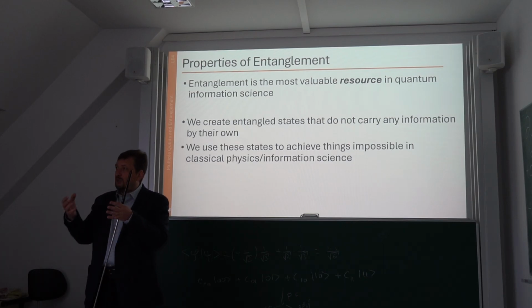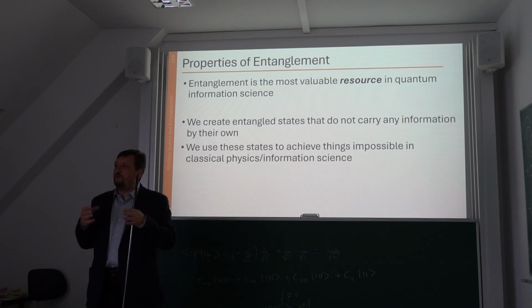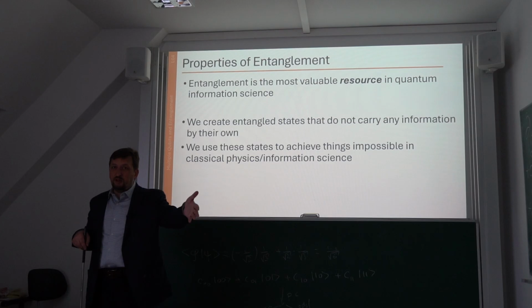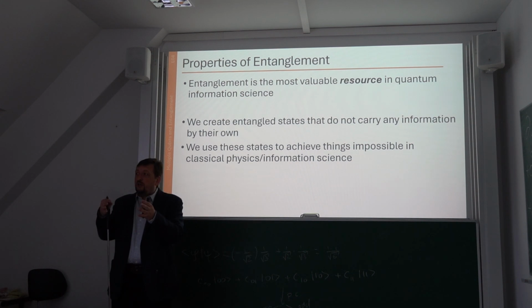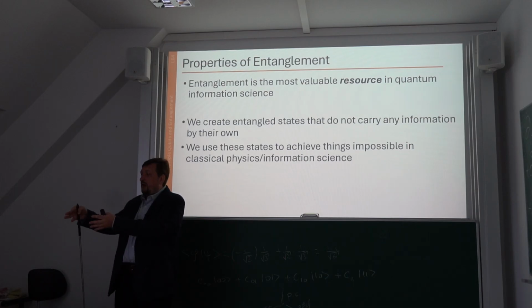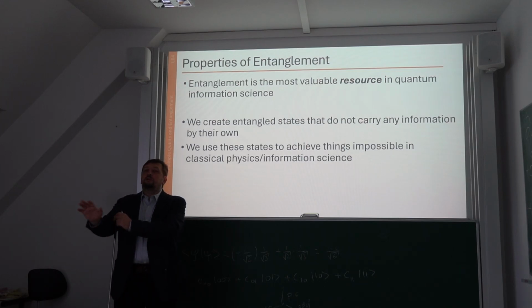We just have this state, and then we can use it to achieve some effects. In this course we'll consider how to do that to achieve quantum teleportation, and maybe also superdense coding. We first create entangled pairs or triples of qubits, we keep them, and we use them when we need them.